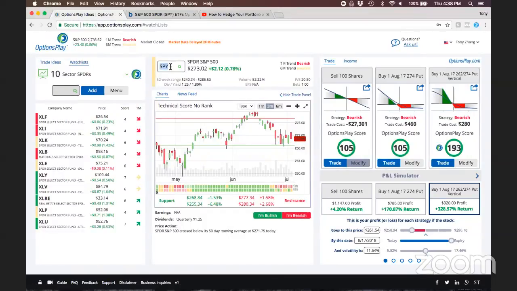So right now I have SPY up just because it's simply the most popular broad-based index that you can trade. I'm going to use this as an example for illustrative purposes to show you guys how to go about doing this.